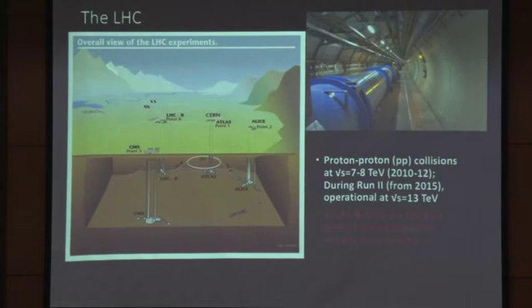When did the LHC start? Do you know? For the very first time. I'm asking, when was the first circulation of beam in the LHC tunnel? 2009, right? You want to change your answer?